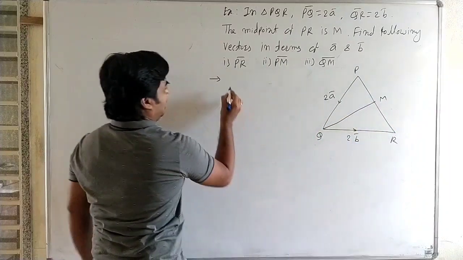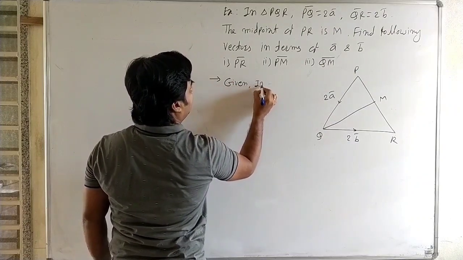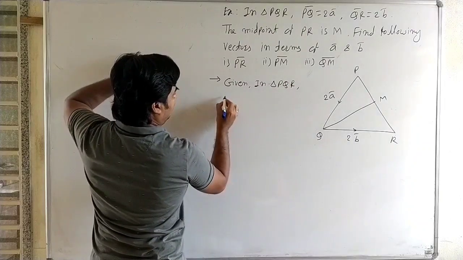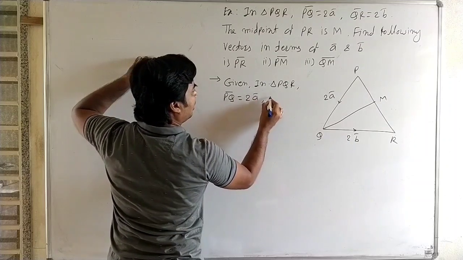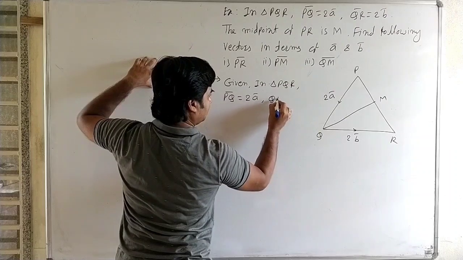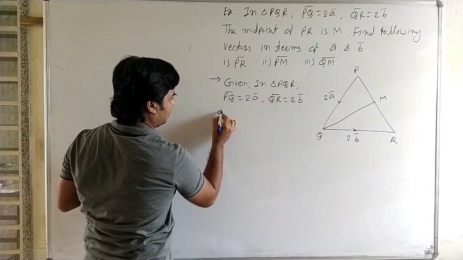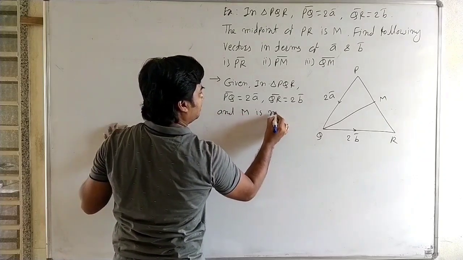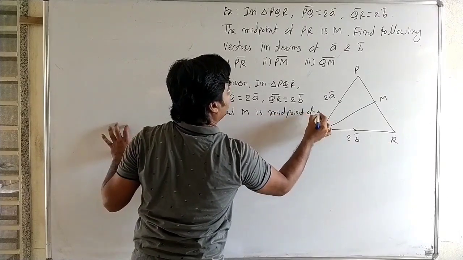Okay, here given in triangle PQR, vector PQ is equal to 2A bar, vector QR is equal to 2B bar, and M is the midpoint of PR.